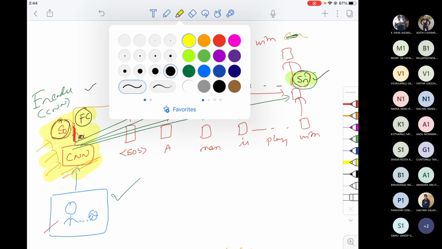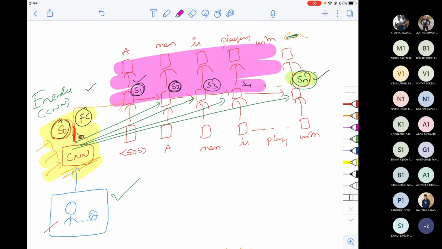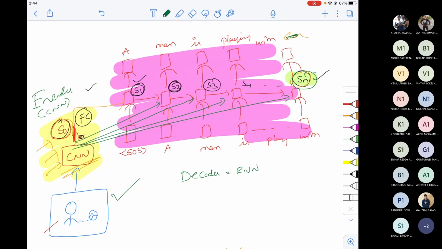And what about the decoder? The decoder would be this one. This entire thing would be the decoder. In our case, the decoder is RNN. Sorry, I forgot to tell you. I was mistaken here. This entire thing is the decoder, but the decoder has two parts.